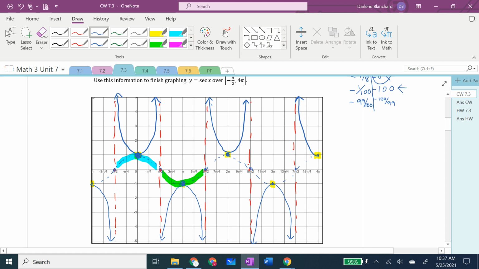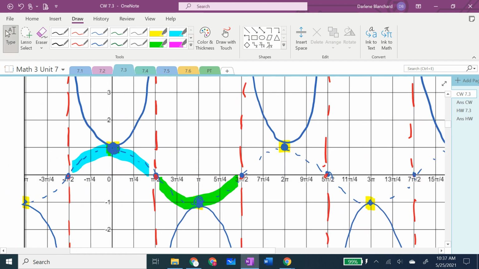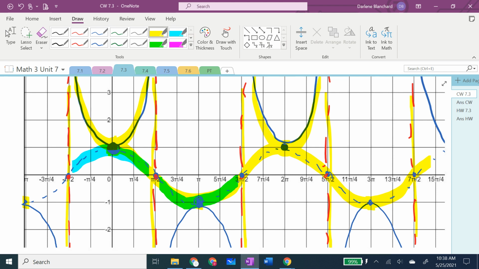And let me say again that what you're going to do is first draw your cosine graph. Everywhere it hits the x-axis, draw vertical asymptotes. Everywhere that it has a peak, you've got these little shapes.